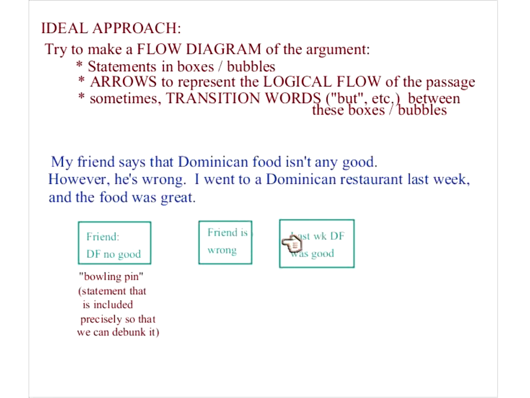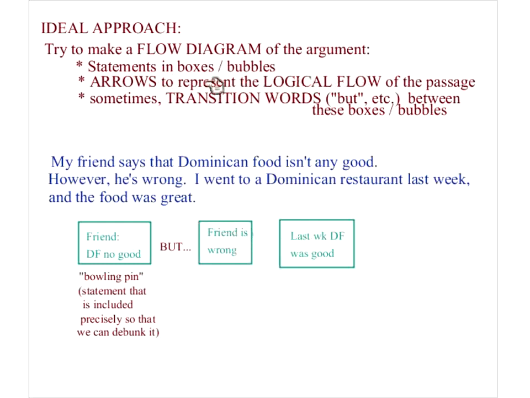And then this is a counter argument. So we're not going to have any arrows between this statement and that statement because that wouldn't make any sense, right? This is not support for anything here, nor is anything here support for this. So instead, you would put a large "but" between these two things. And then we've got to figure out which way the arrow goes here.